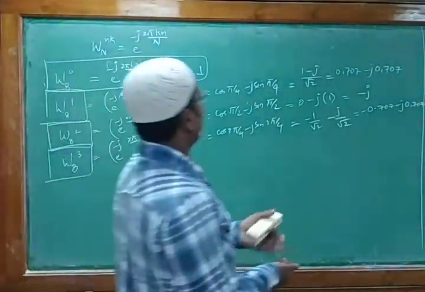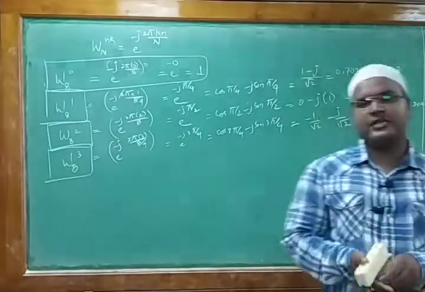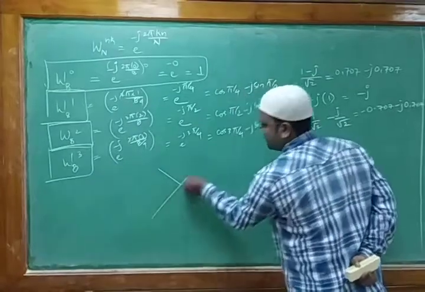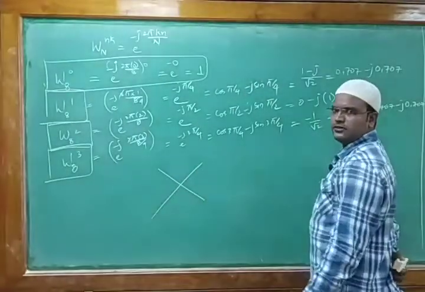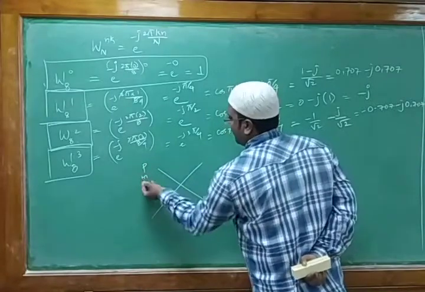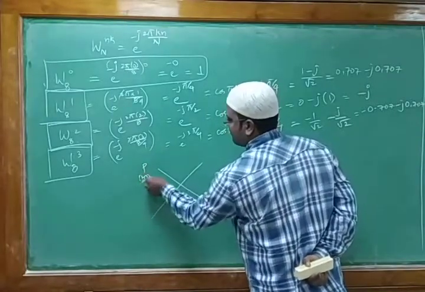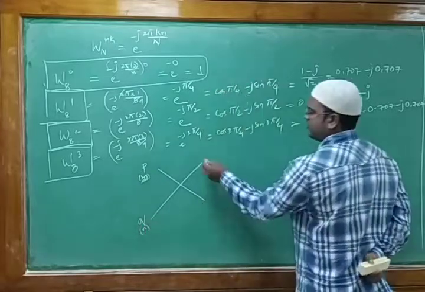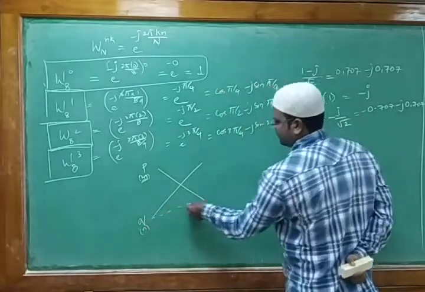After knowing all these values, we need to understand if you have a single graph like this. I'm taking one butterfly sequence of 2 points. Suppose I have P with the mth sequence, and Q with the nth sequence. If I want to find out the value for it, this is the feedback. What is the feedback value?